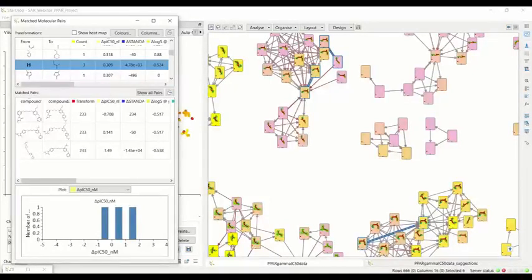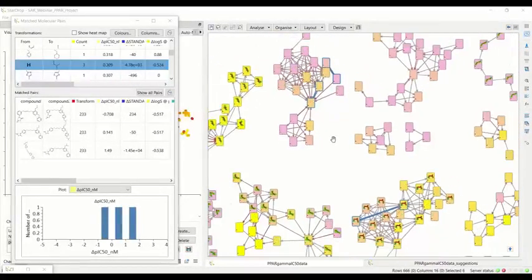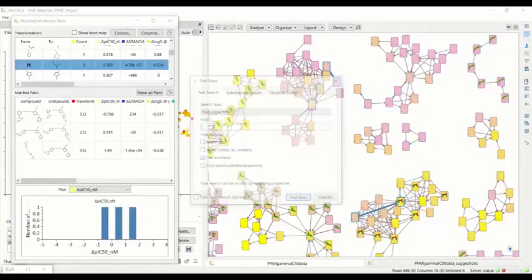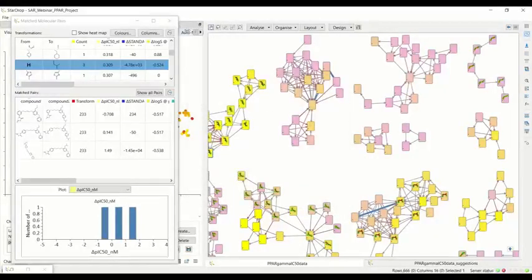So, what I'd like to do now is just focus in on a particular card and have a look at the activity around it. So I'm going to use our find option. And that will locate the card.